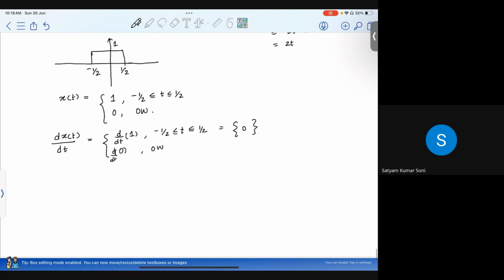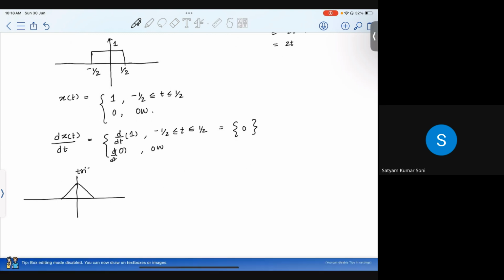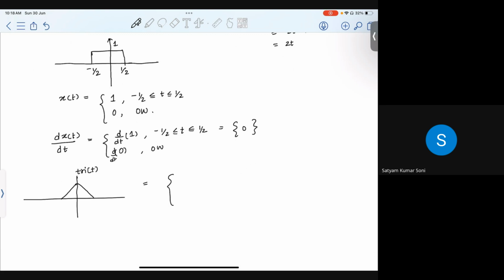Likewise, if you have a triangular signal, which is defined as, so this is minus half, this is plus half.